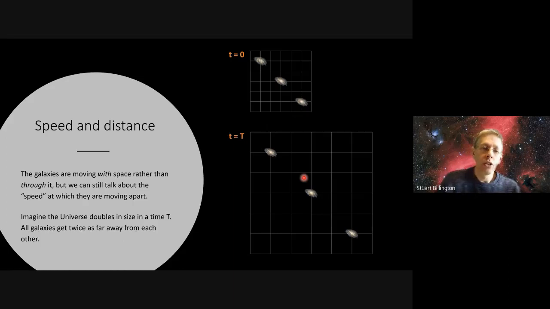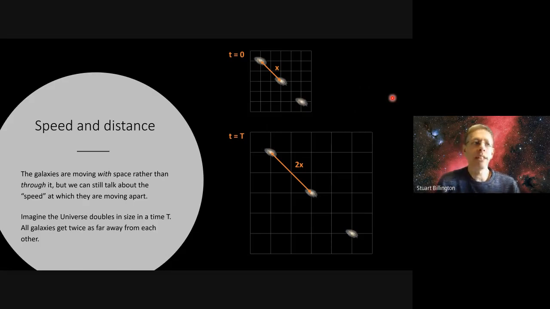So what used to be this distance, which we can call x, has now become this distance, which is 2x. So it's a weird idea of speed because the galaxy didn't move through space.